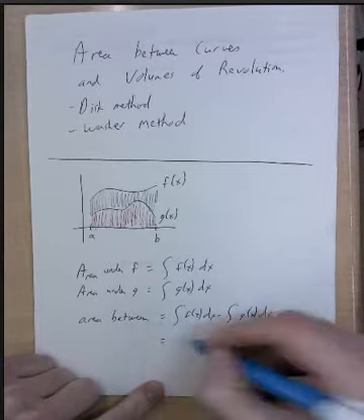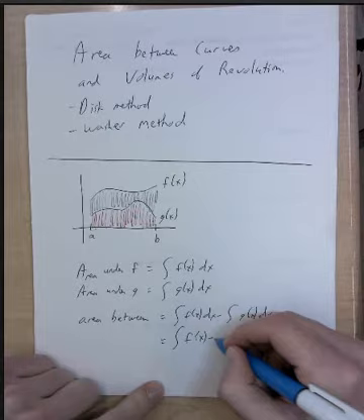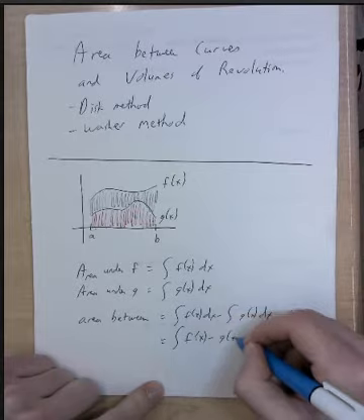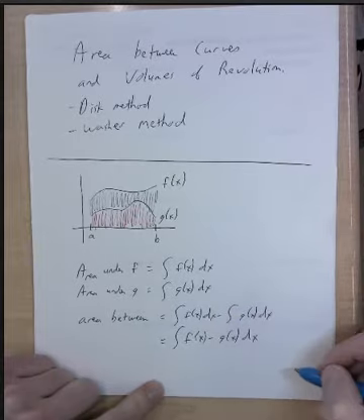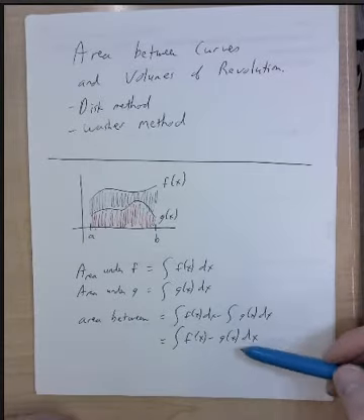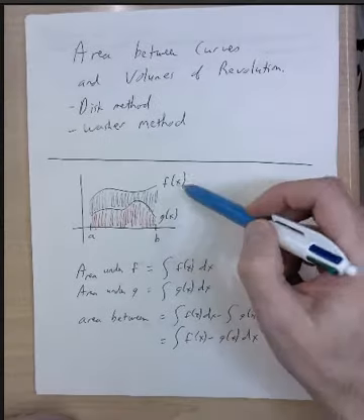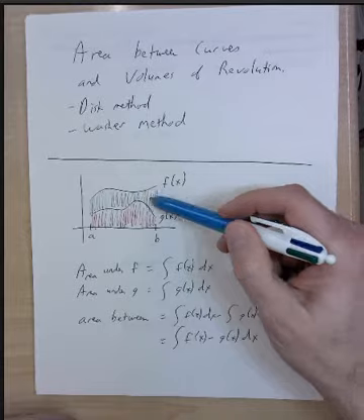Or more simply, just subtract the two in the integral. And that's it. Nothing new. We already know how to integrate, and we already know how to subtract, so that's all we have to do. Find the area of the top, subtract the area of the bottom, and that's what's left in between them.